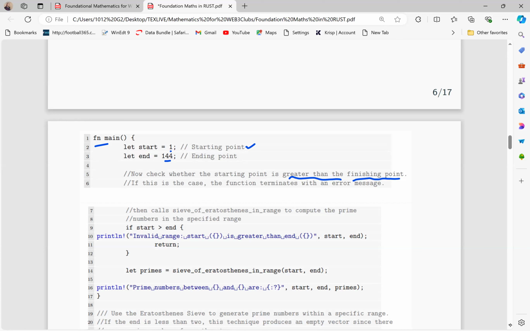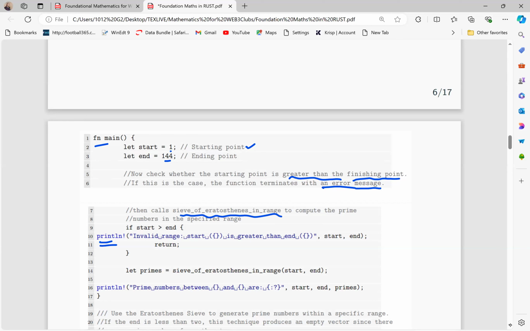If it is, this function will terminate with an error message. We'll try having a starting point bigger than the ending point and see what it gives us. The other thing this function does, after we've input these numbers, is call on this algorithm to compute the prime numbers in the specified range.